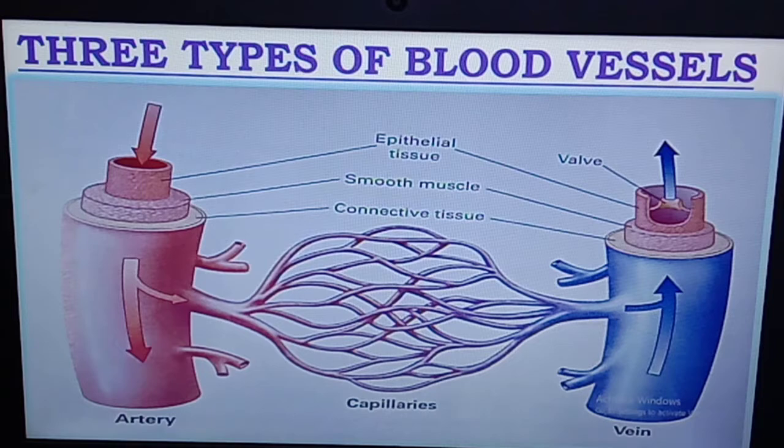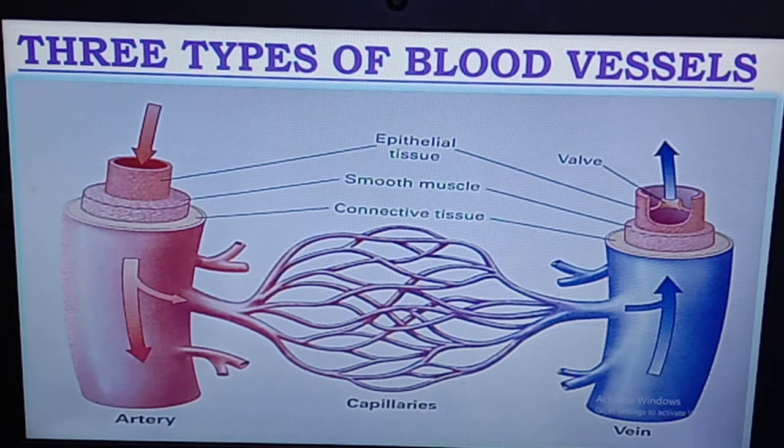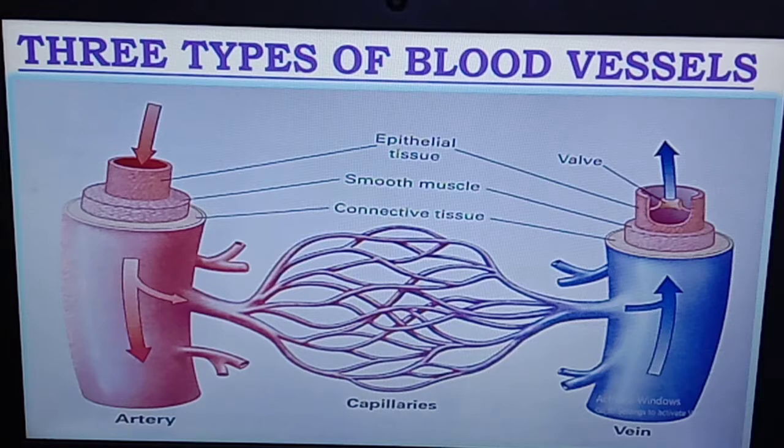Due to the heart's pumping action, the blood in arteries is under higher pressure, which helps to ensure that blood flows only in one direction, and that is toward the capillaries. The blood in veins is under lower pressure because the main force that pushes blood through the veins comes from the skeletal muscle tissue.